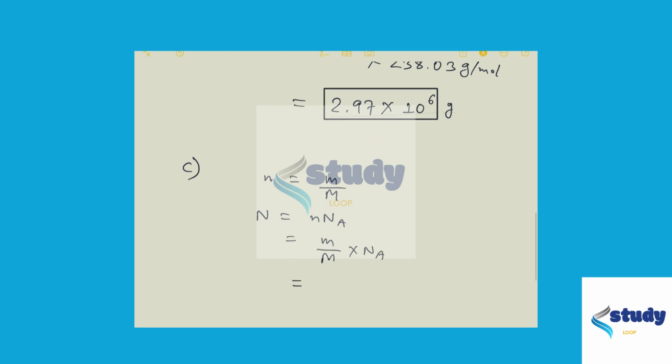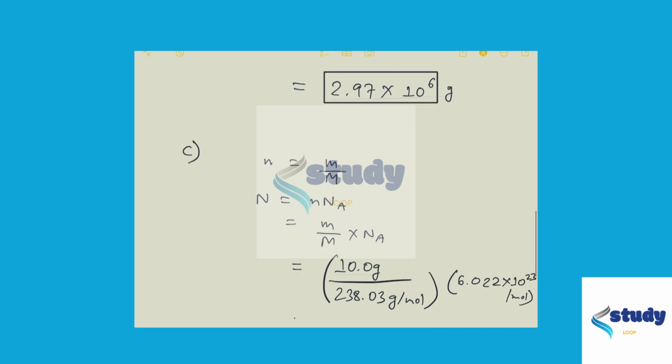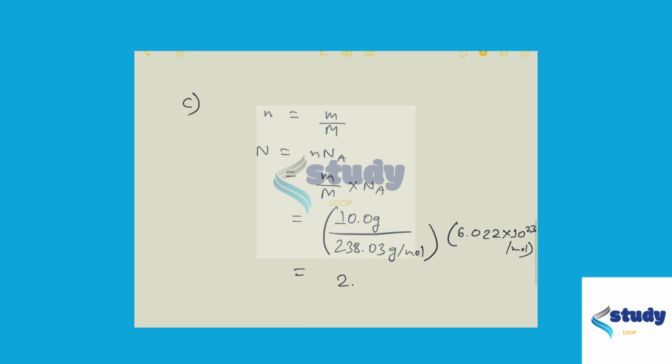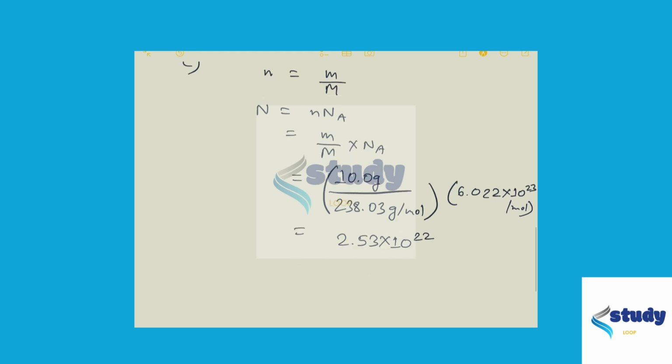Mass is 10.0 grams, and molar mass is 238.03 gram per mole, and Avogadro's constant is 6.022 times 10 to the power 23 per mole. So the number of particles is 2.53 times 10 to the power 22.